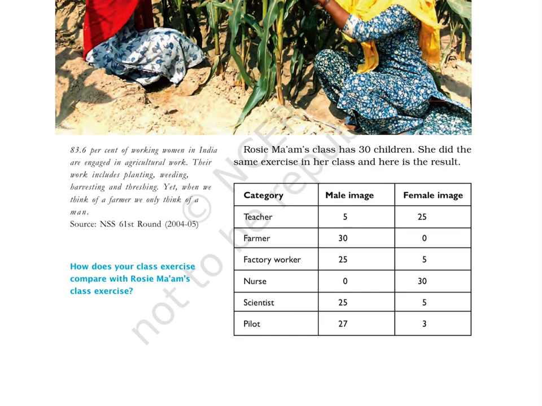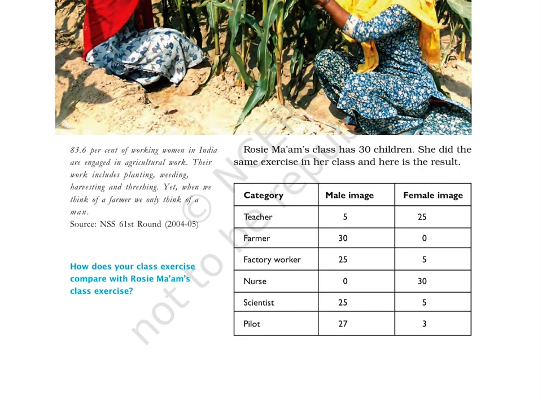In the farmer category, 30 male images have been given, and 0 female images have been given. In the category of factory workers, there are 25 male images, whereas only 5 female images.